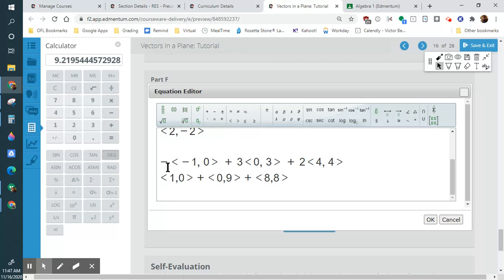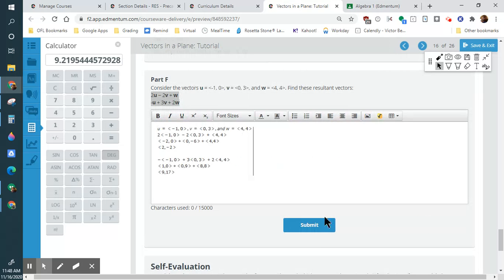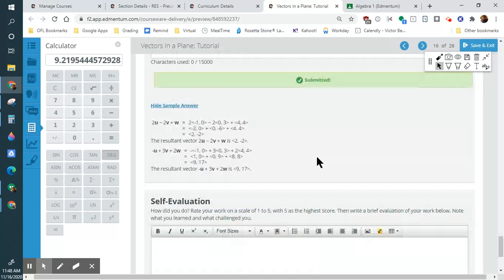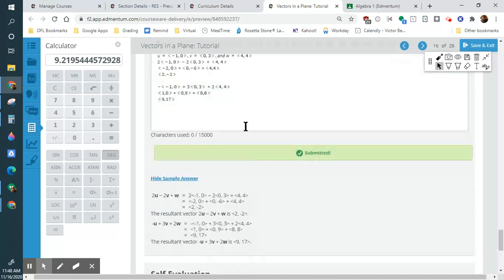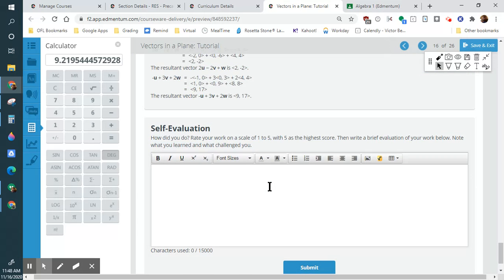Add all of these together, so 1 plus 0 is 1 plus 8, that's going to be 9. 0 plus 9 is 9, 9 plus 8 is 17, and those should be our resulting vectors. Let's see how it compares to this. Spot on. So I'm going to give myself a 5 for this one.